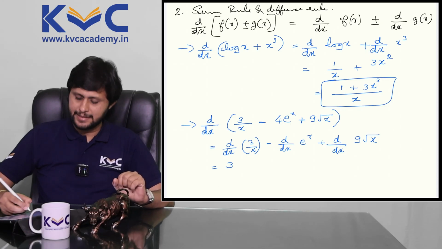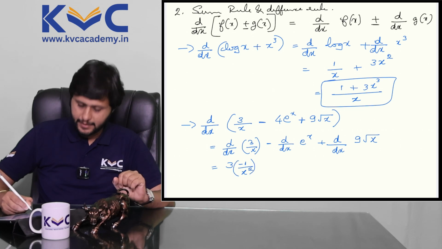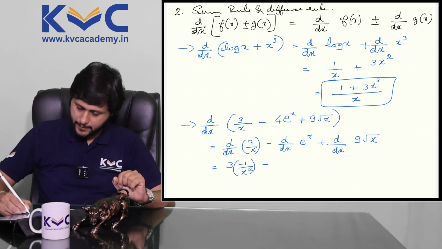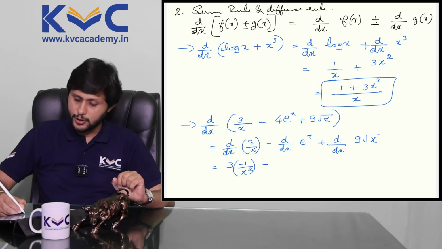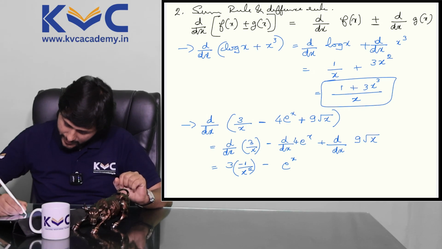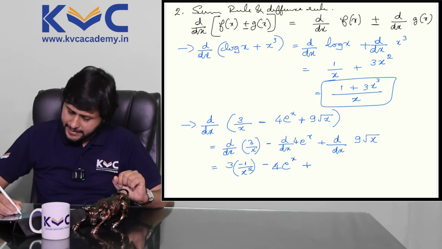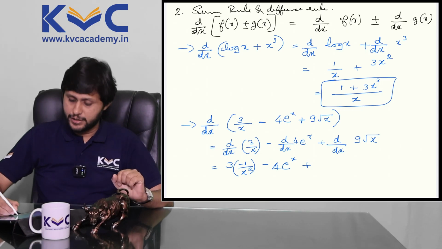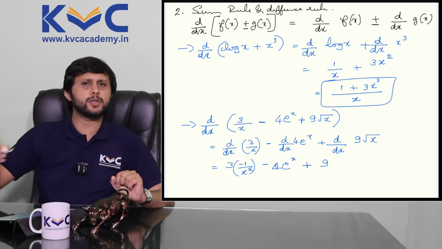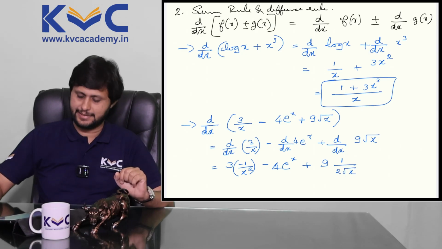Differentiation of 1 by x is minus 1 by x square. Minus differentiation of e to the power x is e to the power x only. Did I leave 4 there? Yes, I have left the 4. Now I'll add that. 4 e to the power x, plus 9 is constant. Keep it outside. Differentiation of root x is 1 by 2 root x.